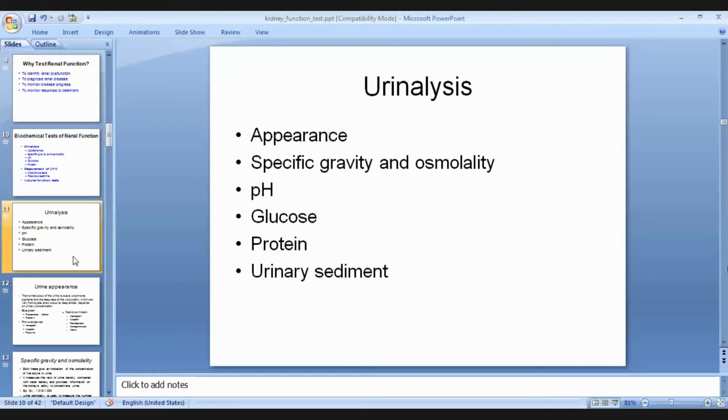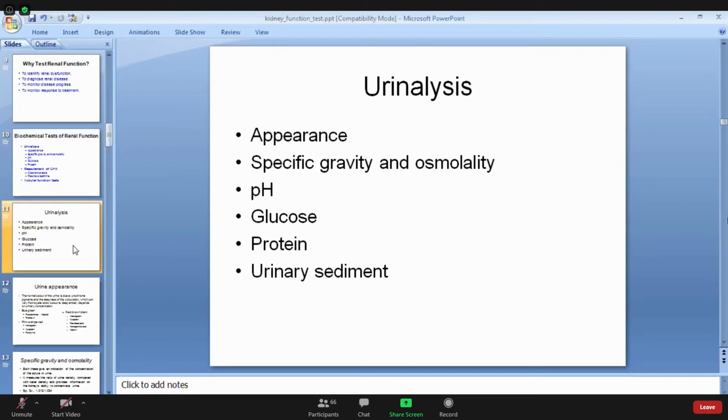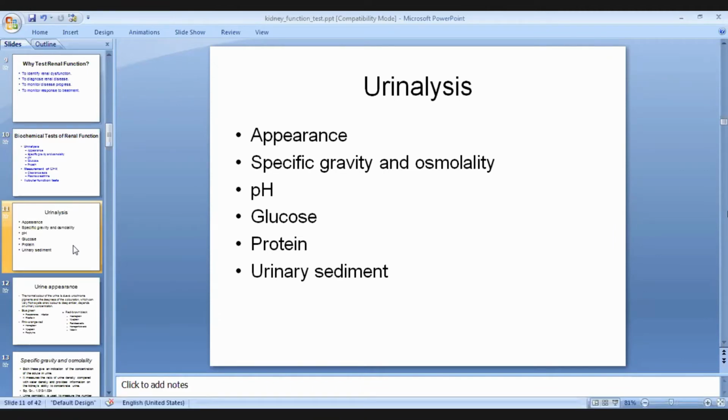So these are some of the general tests. Under urine analysis, we see the appearance of urine, measure the specific gravity and osmolarity, check the pH, and see if there is glucose, protein, or urinary sediment.